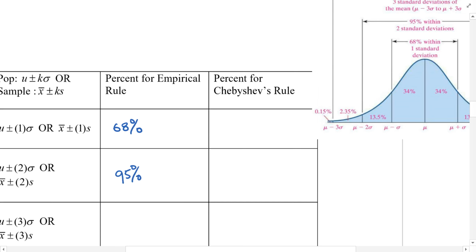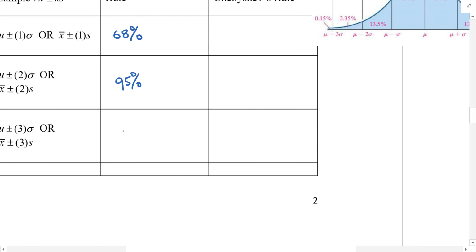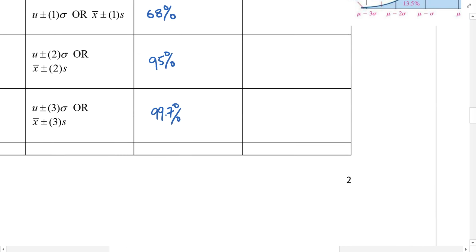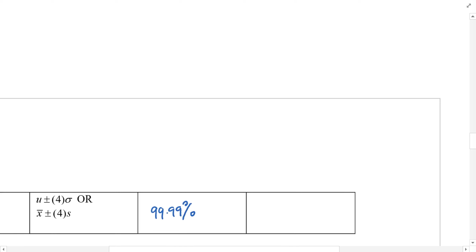Within three standard deviations of the mean will be 99.7%. And for four standard deviations of the mean, that will be 99.99%. That will be for the empirical rule.